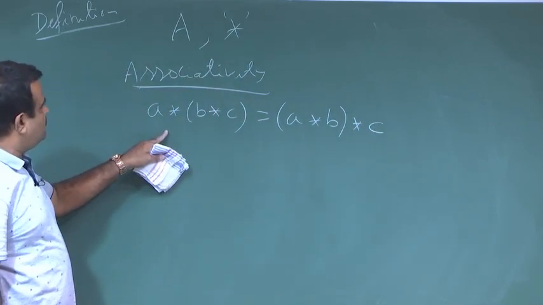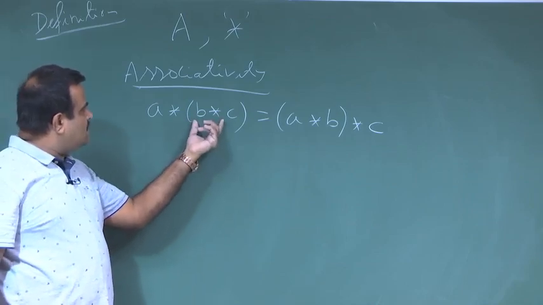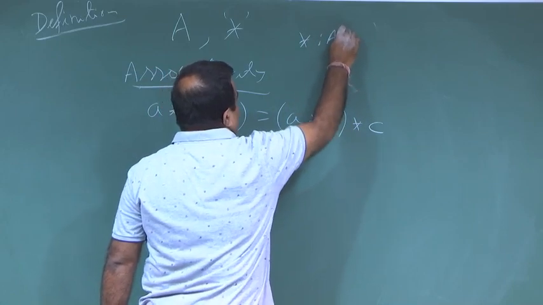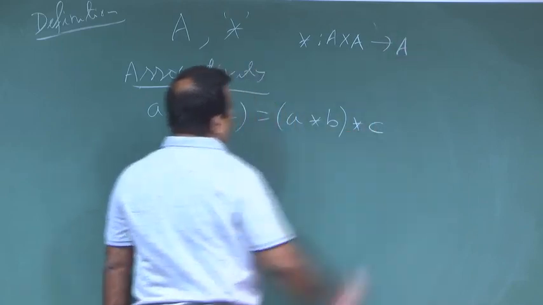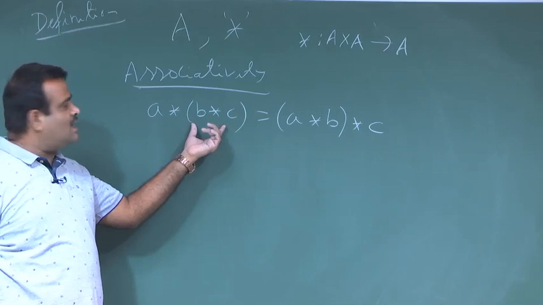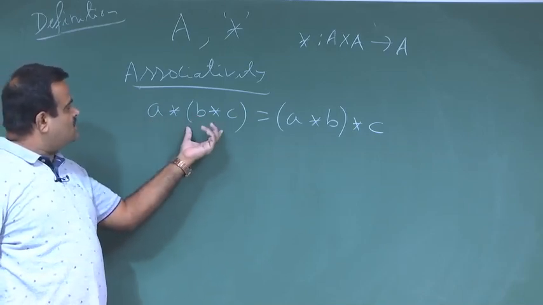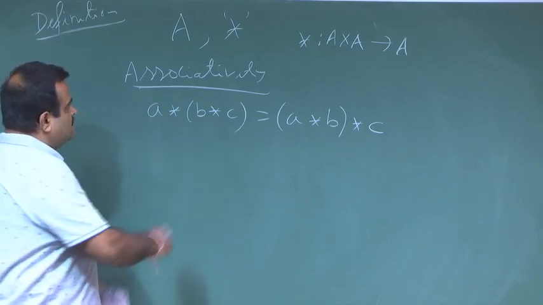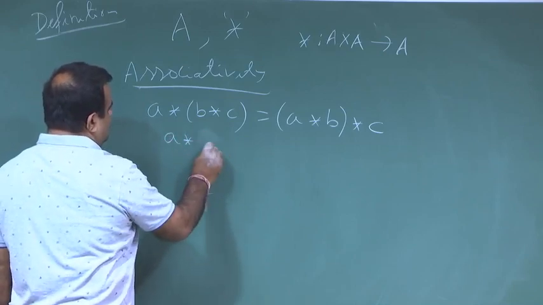For this we need the operator to be closure, because if it is not closure, then when we define b star c, b star c has to belong to A, so that b star c is an element of A, and only then can we operate. So this is some z. So a star z gives some d.